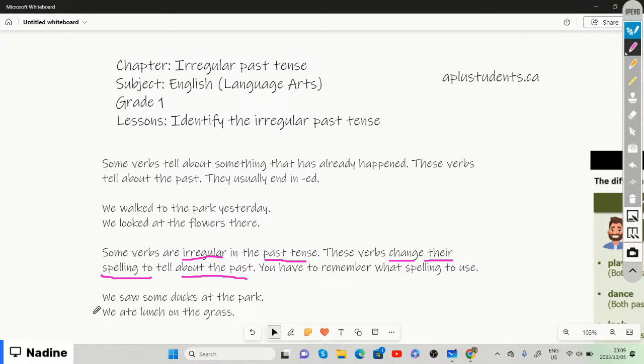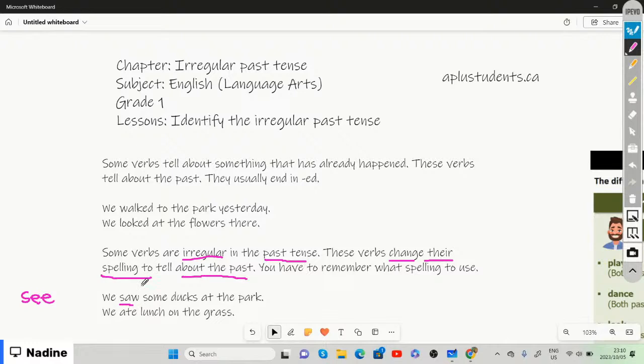And an example is, we saw some ducks at the park. So if we identify the verb, then we can say the verb is saw. But the present tense of saw is to see.